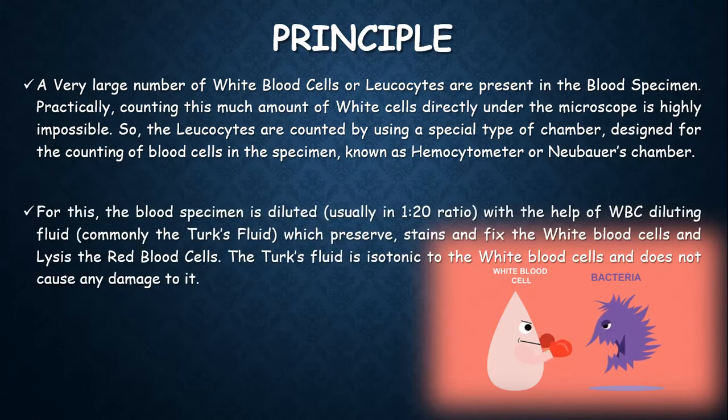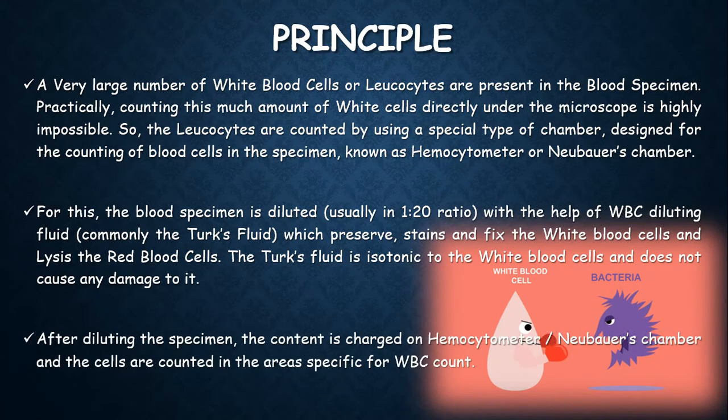For this, the blood specimen is diluted with the help of WBC diluting fluid, which is commonly known as the Turk's fluid, which preserves, stains and fixes the white blood cells and lyses the red blood cells. The Turk's fluid is isotonic to the white blood cells and does not cause any damage to them.